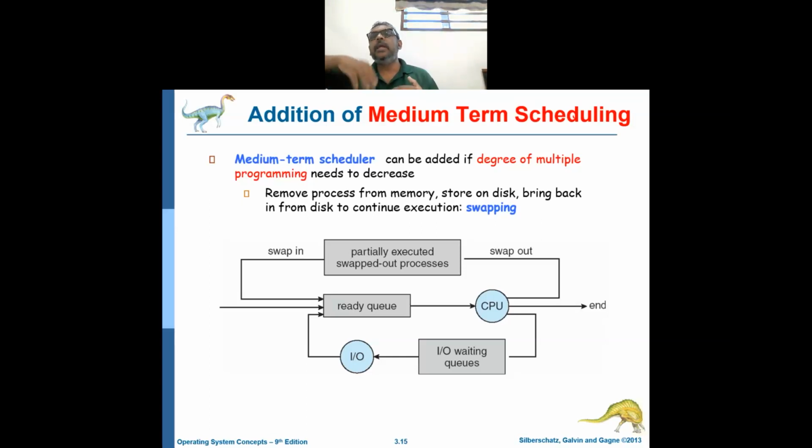Then automatically the operating system will signal the medium-term scheduler to swap the processes from ready back into new, and once the CPU is clear, pass it back inside. Okay, pass it back inside to ready.